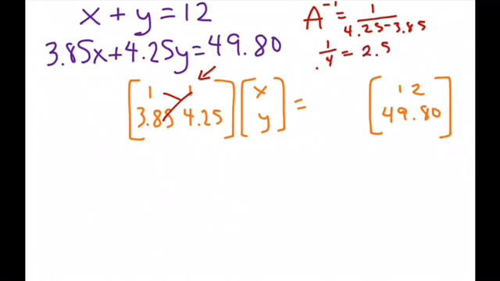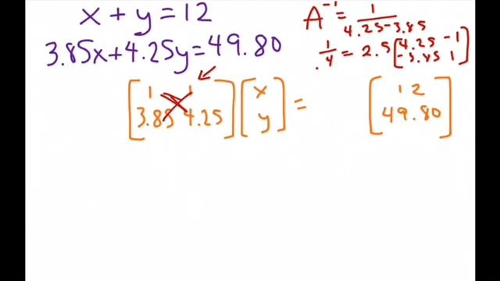That's going to be a little bit easier for me to work with. So it's going to be 2.5, and then I'm going to multiply that by my mixed up matrix, as I like to call it. Where you have the 1 and the 4.25, we're going to switch those, and we're going to have the 1 be negative and the 3.85 be negative as well. That's going to be our inverse when I multiply that all together.